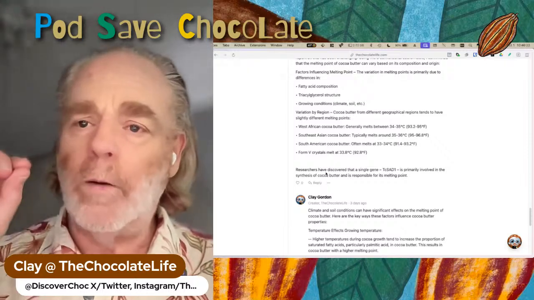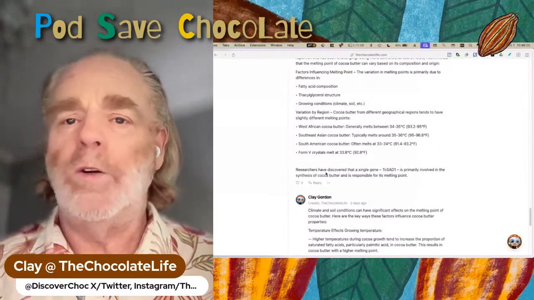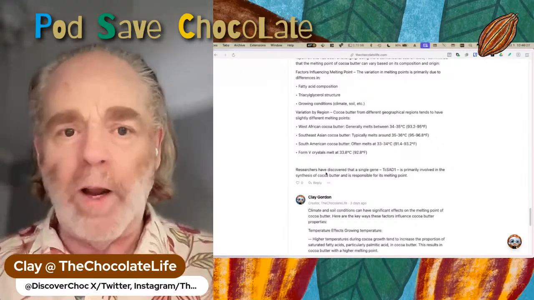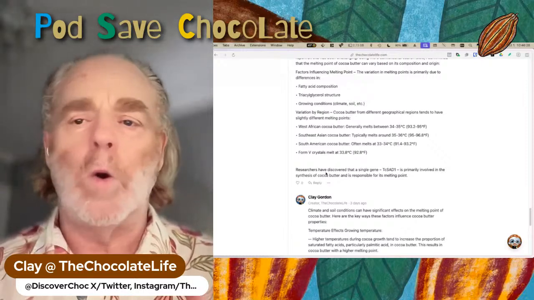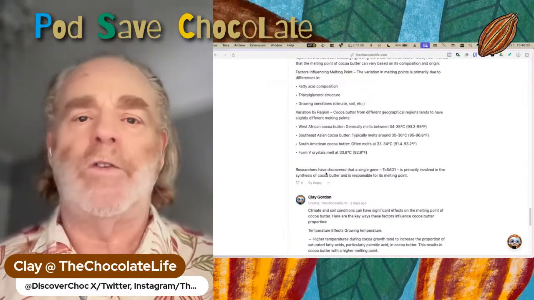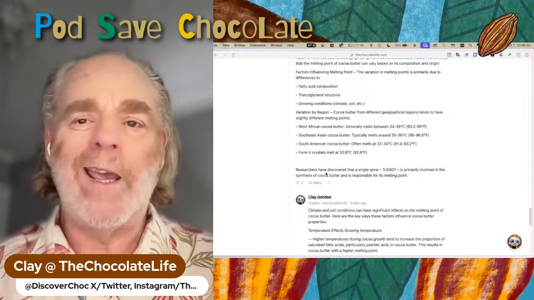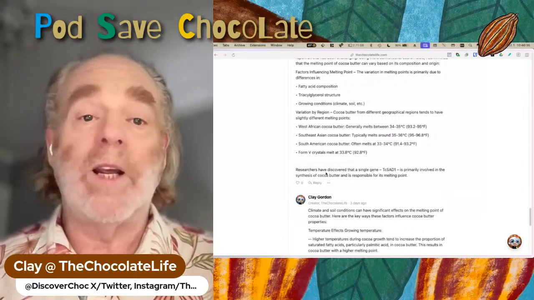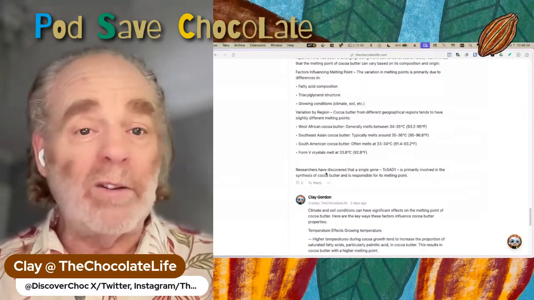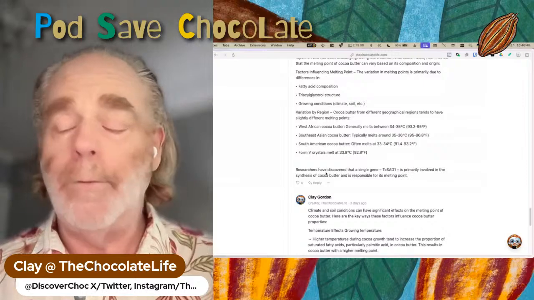So if you're primarily working with South American cocoa butter, say I'm buying beans from Peru and I can't get Peruvian cocoa butter, I might be able to get Ecuadorian cocoa butter, and it will melt about the same way.